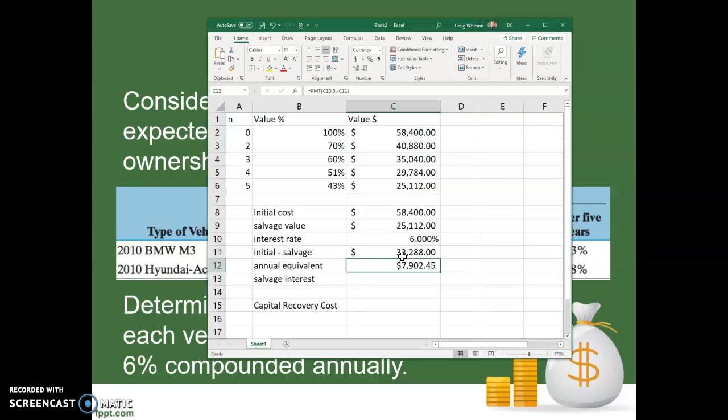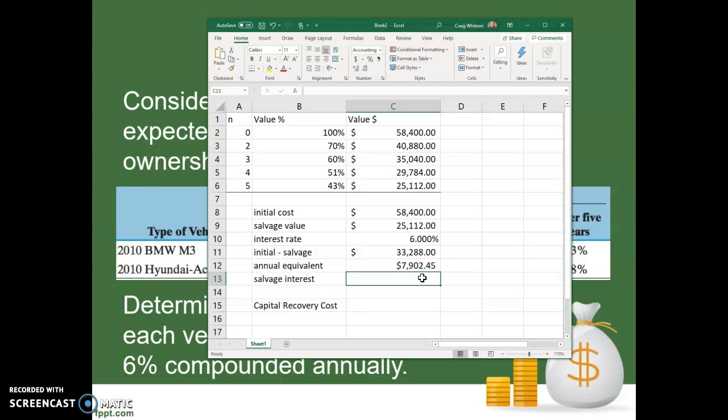So just based on taking our net cost and using the payment function to spread it out over 5 years, we get $7,902.45. That's the annual cost of owning this BMW, except to calculate what the textbook calls a capital recovery cost, we also need to include an opportunity cost.